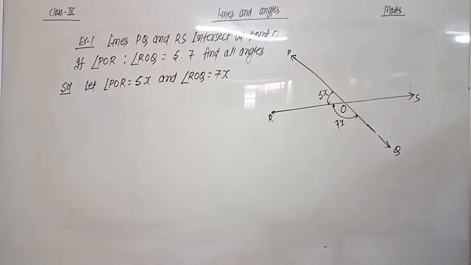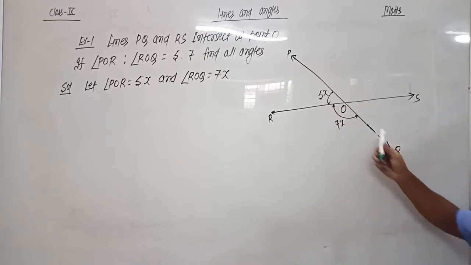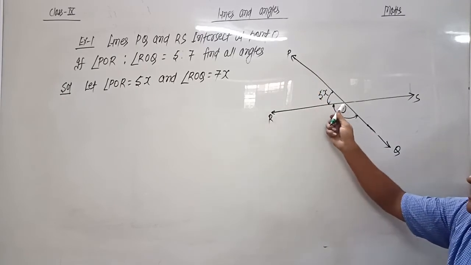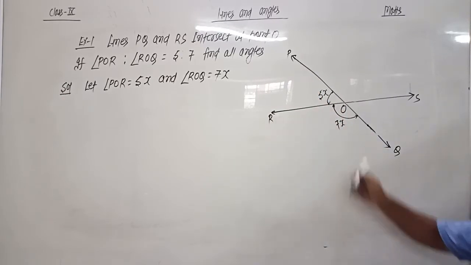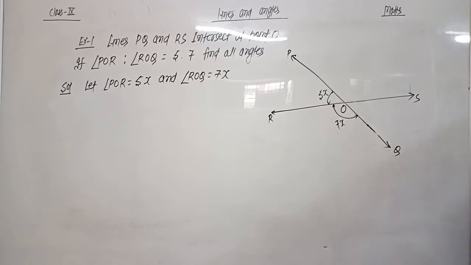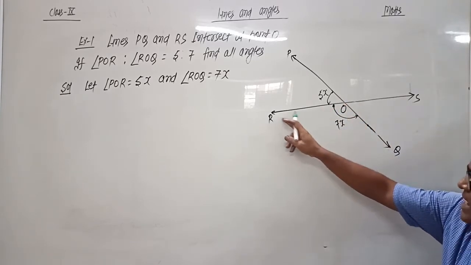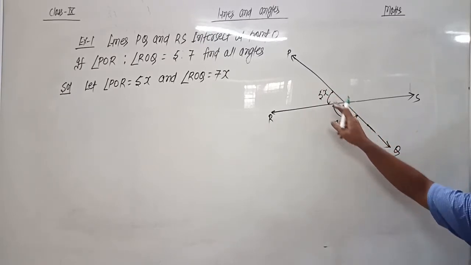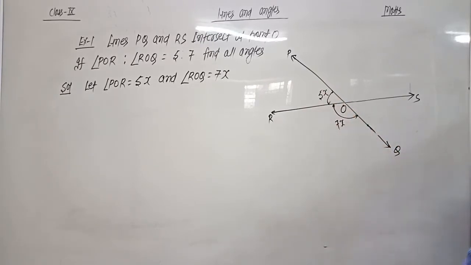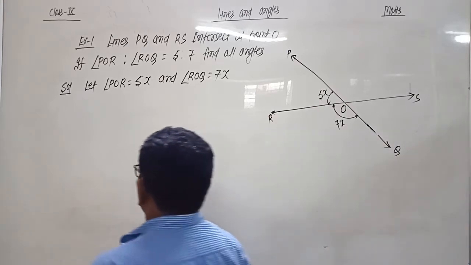Now from linear pair, OP and OQ are opposite rays and OR is the common ray. So we can write from linear pair that the sum of these two angles must be 180 degrees.